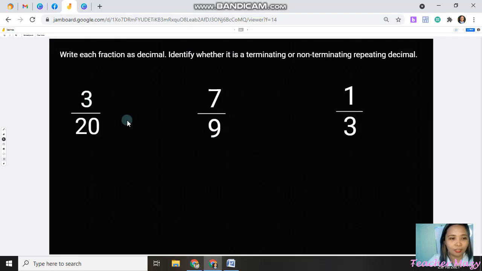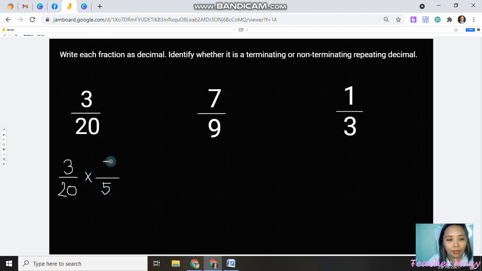Okay, so let's answer. For number 1, we have 3/20. We can use an equivalent fraction. We can multiply it so that our denominator becomes a power of 10. So we can use 5.